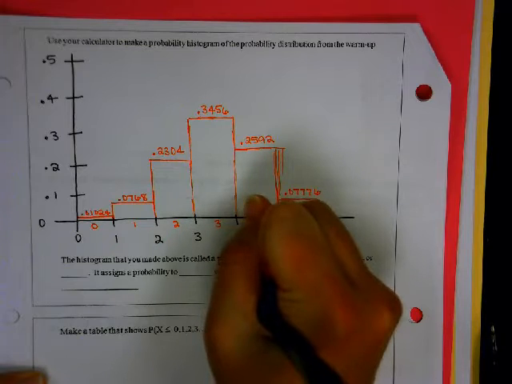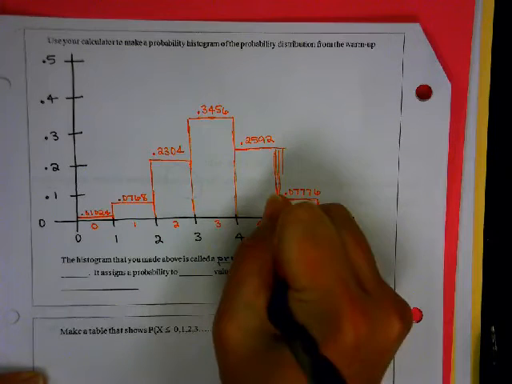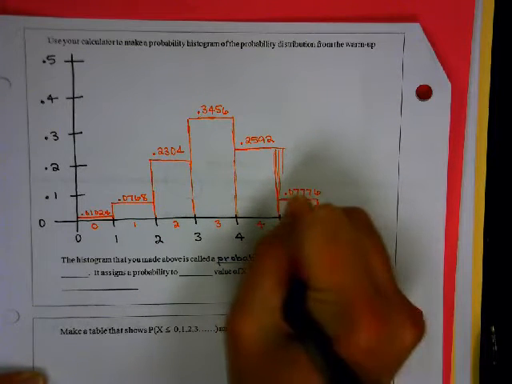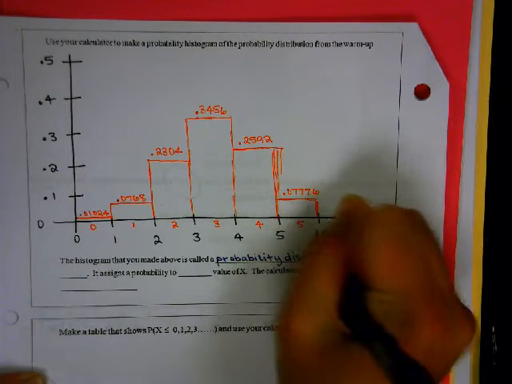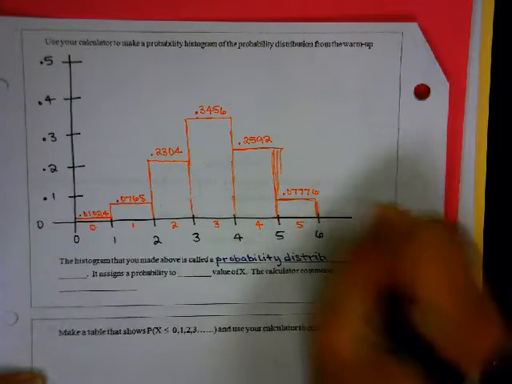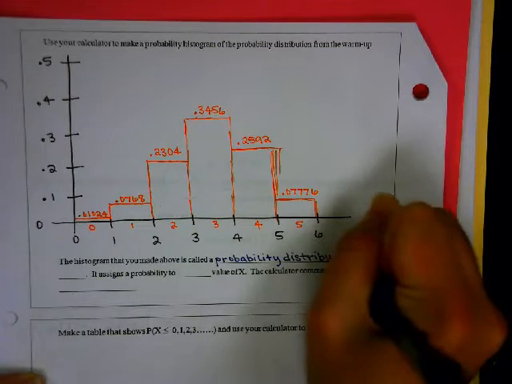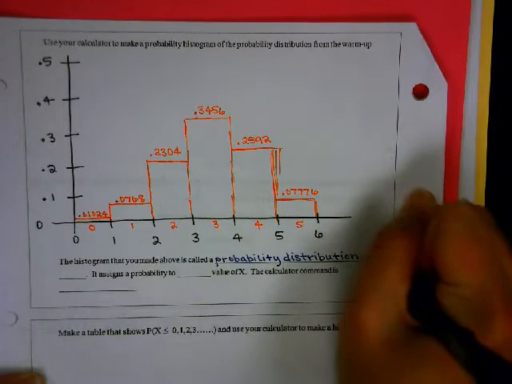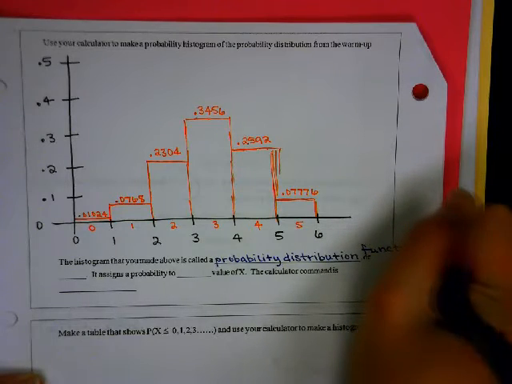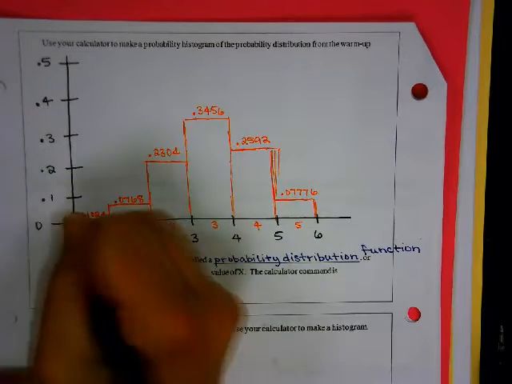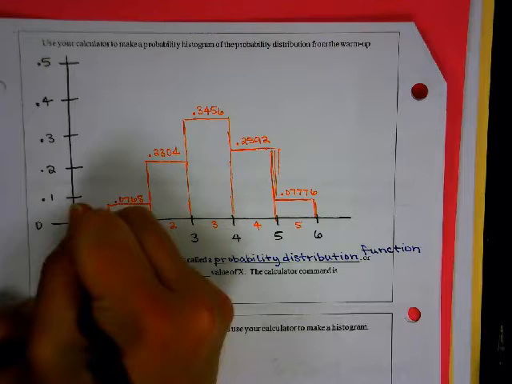And of course, in math, we have a way to not have to write those three long words, so we call it a PDF. Probability distribution function, not like PDFs on the computer.